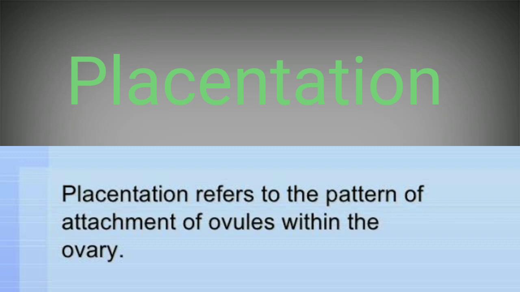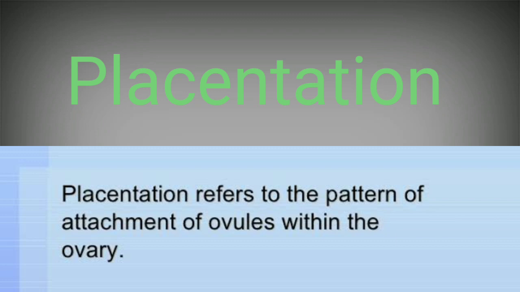Here, a ridge is developed at the upper side of the ovary, towards the margin of the ovary, where the ovules are borne over that ridge, which forms two rows along the ovary wall, and therefore this type of placentation is called marginal placentation.